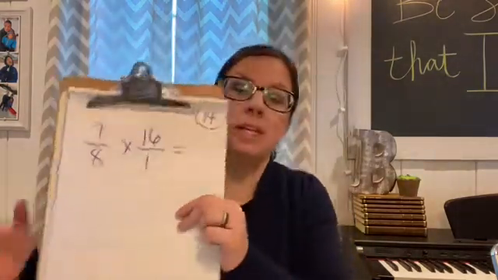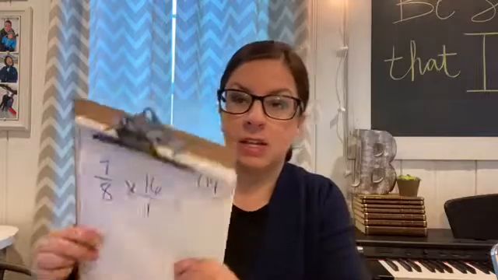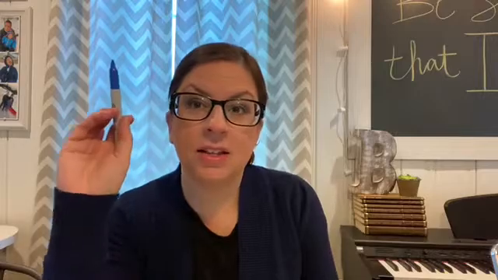Let's see if that works out. What is 7 times 16? If you have 7 times 6, that would be 42. Carry the 4. 7 times 1, 7, plus 4, 11.